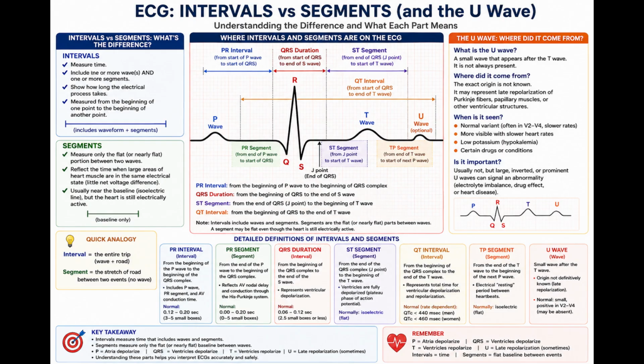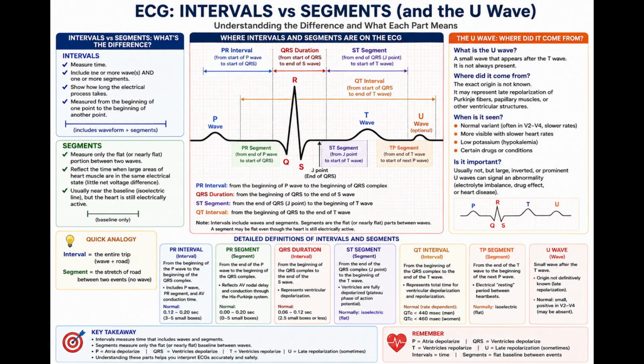The PR interval. The PR interval begins at the start of the P wave and ends at the beginning of the QRS complex. It includes the P wave, the PR segment, atrial depolarization, and conduction through the AV node and the ventricular conduction system until ventricular depolarization begins.